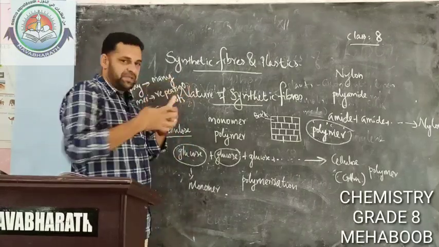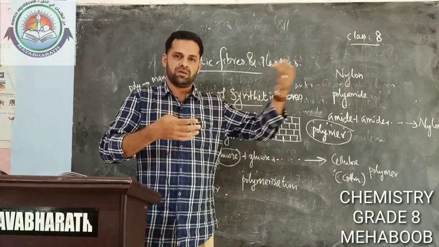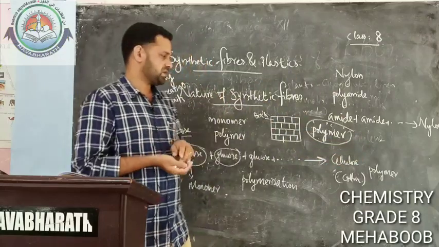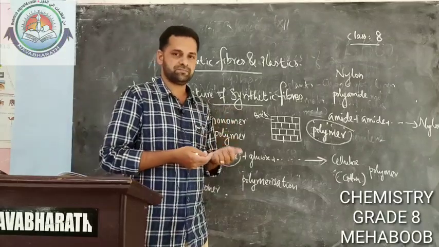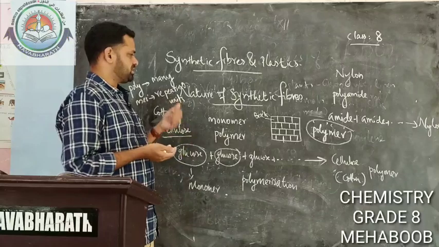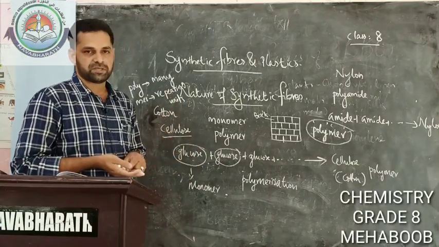So many repeating units combined end to end through chemical bonds form what? A polymer. And that process is called polymerization. I hope you understood what is a monomer, what is a polymer, and what is polymerization.